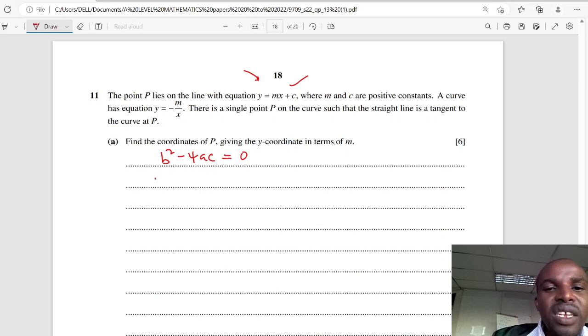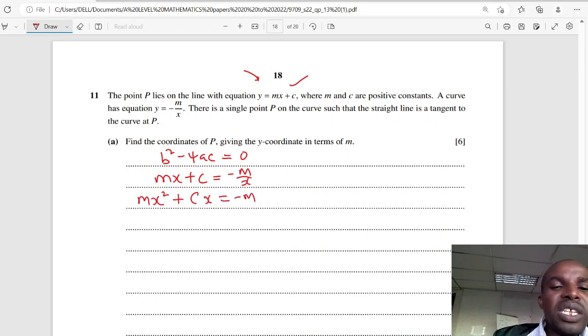So mx plus c is equal to minus m over x. Multiply everything by x: mx squared plus cx is equal to minus m. Expressed as a quadratic, mx squared plus cx plus m is equal to 0.